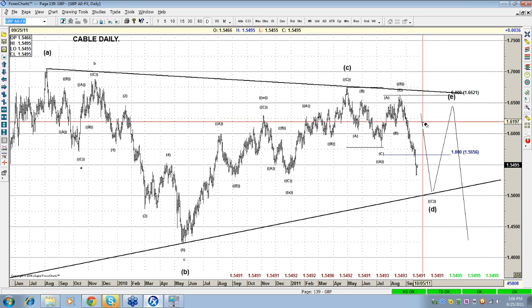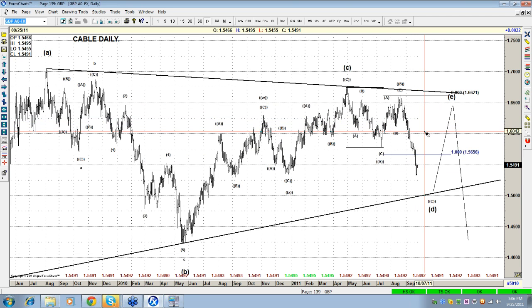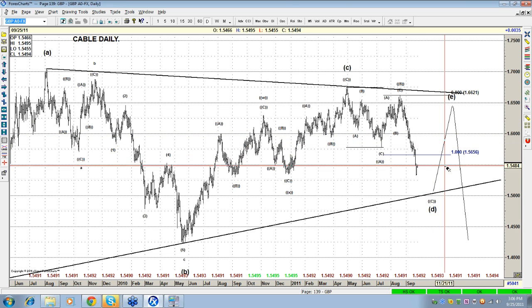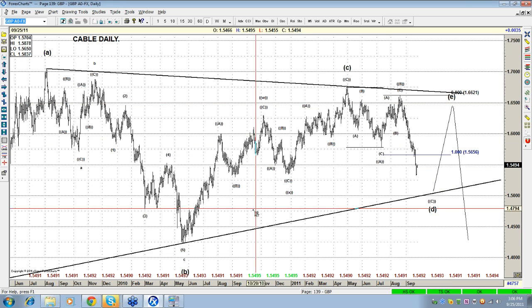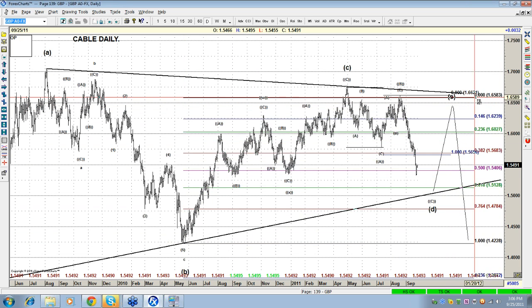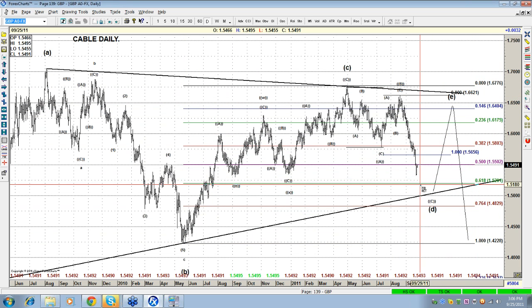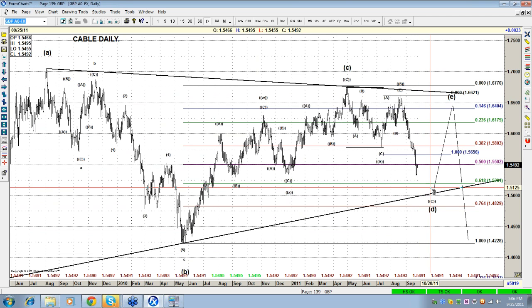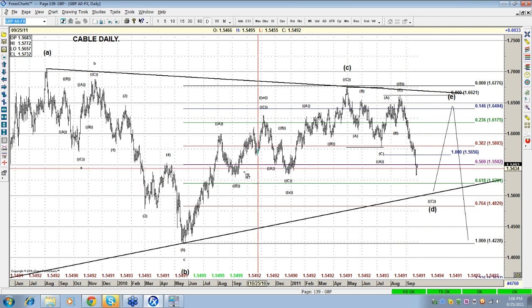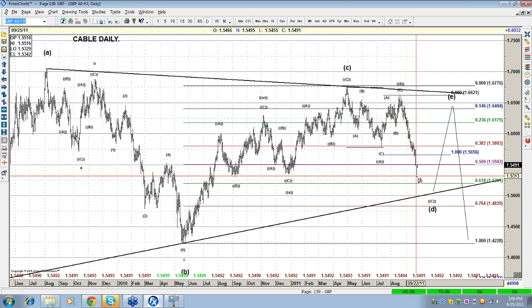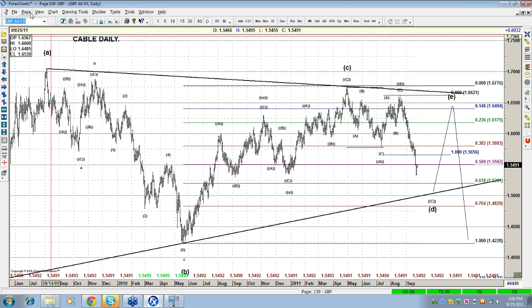I see a nice swing from the lows, but now if it makes another, that's going to be an 11 swing, which is corrective. But still, the area that I like to go long cable is 152.01, which is the 618 of the C wave. The low that we had last week is 53.29.